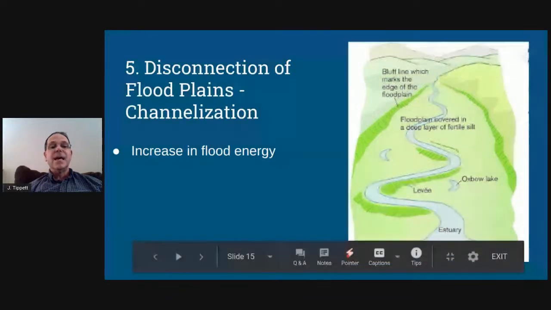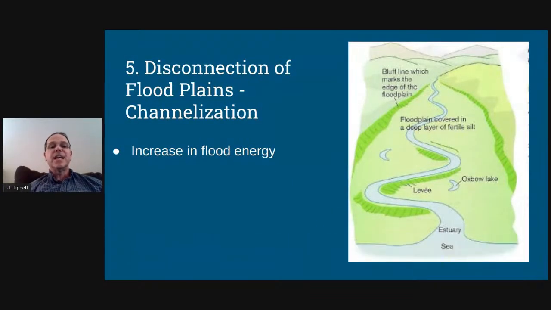The biggest is it makes the energy of the floods a lot stronger. Because just think about it. If you have a dense forest on the side of a flooding river, when the floodwater goes out into that dense forest, it hits all the trees and everything slows down, and all the energy gets absorbed by the vegetation in the floodplain.